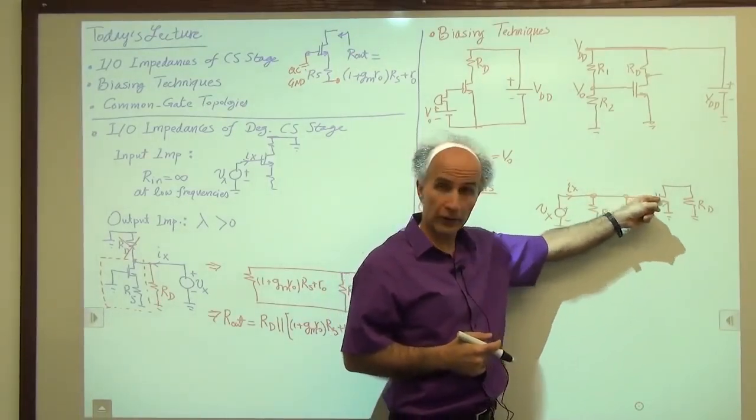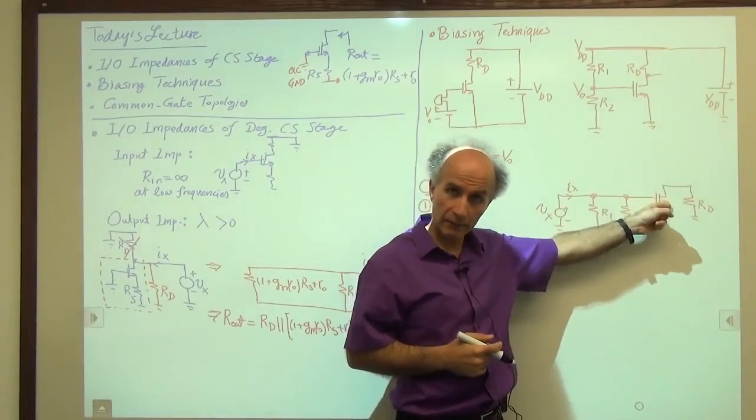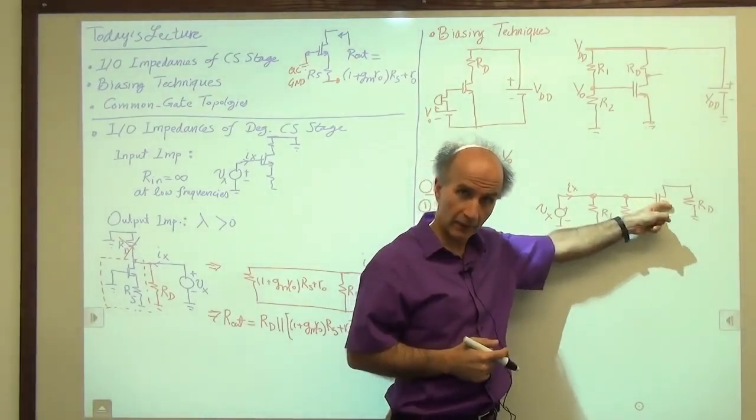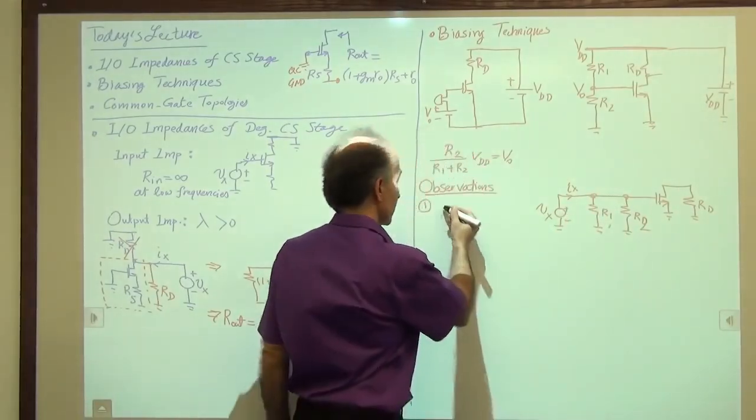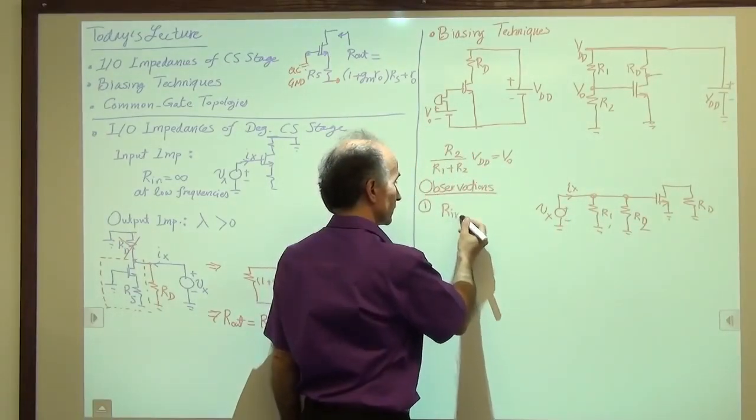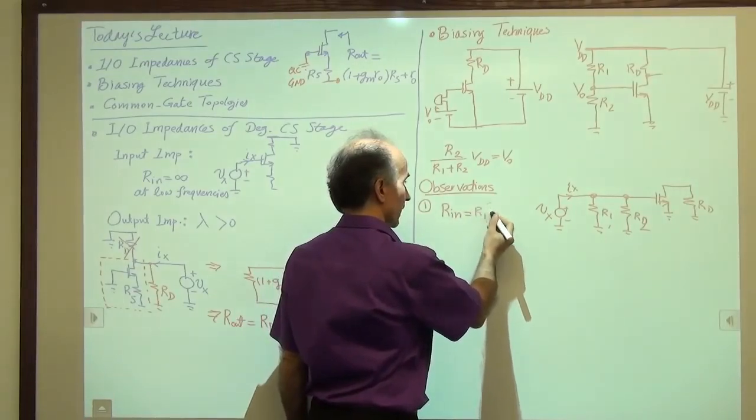The gate still doesn't draw a current at low frequencies, so that's still infinite. But we have infinite in parallel with R2, in parallel with R1. So in this case, Rin has fallen to R1 in parallel with R2.